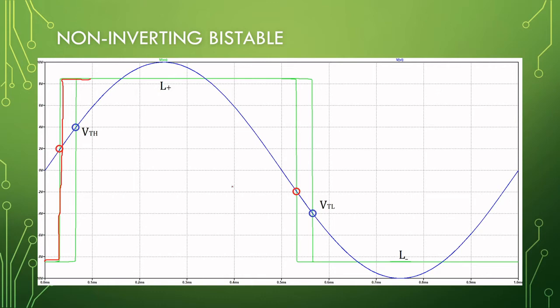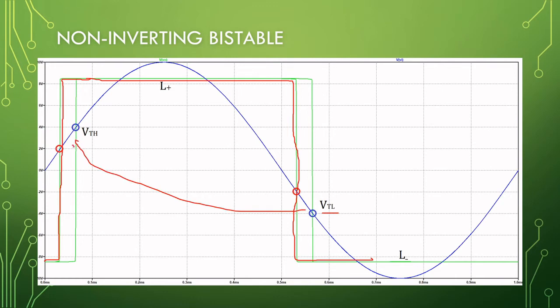When our output goes to high, our trigger will move to be a low. So we need to breach this -2 volt level here for our output to switch off again. And the moment that this happens, our trigger changes back to being a high trigger point.